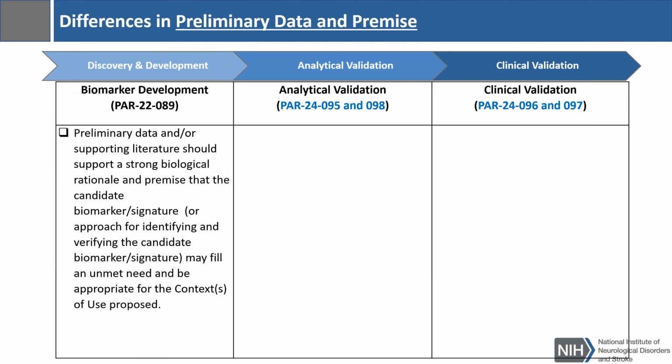You really need to have a strong supporting premise of why this is going to be useful and what the clinical need is. And you need to be specific in testing for one or more contexts of use. And you don't want to propose too many, because you have to actually test the context of use that you're proposing that is going to be useful for.